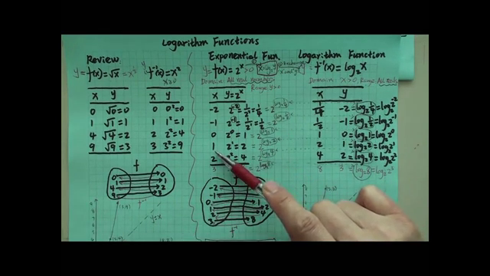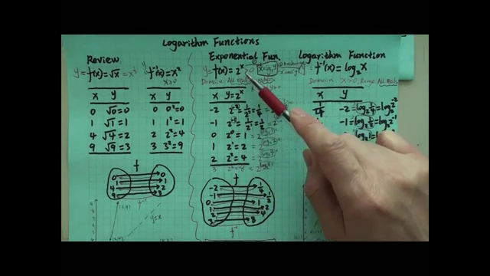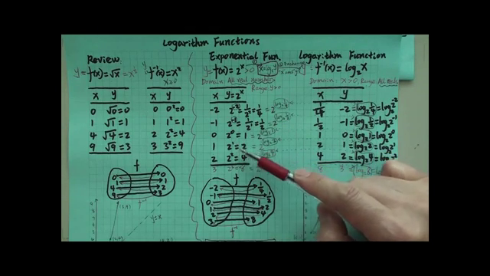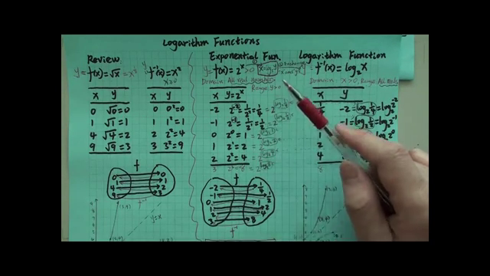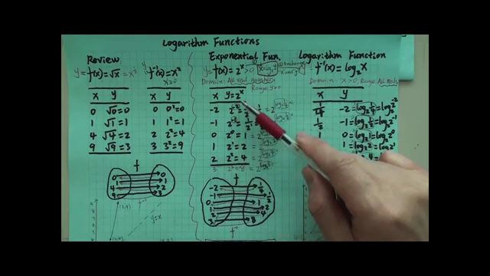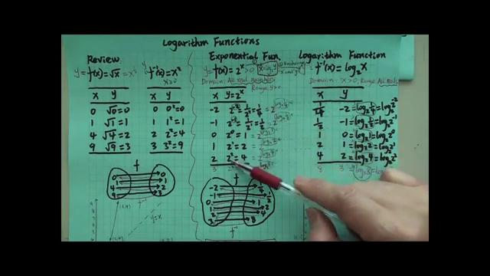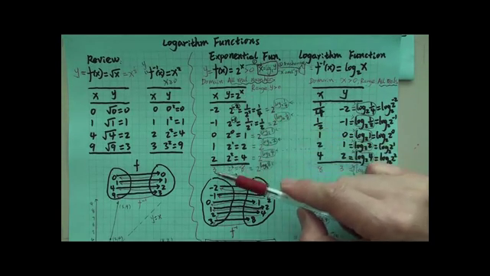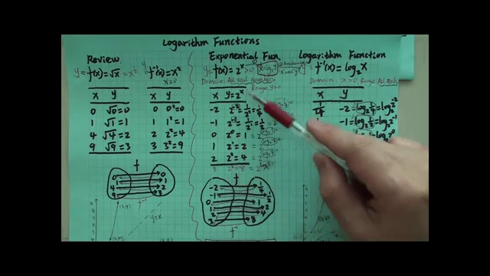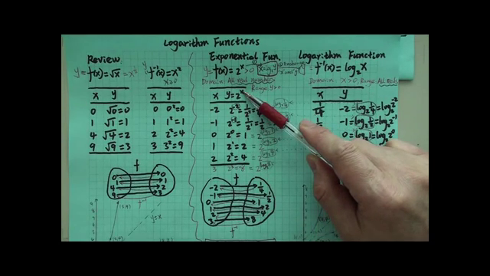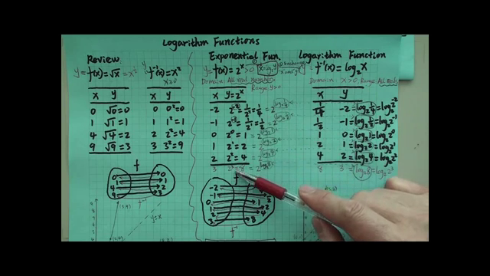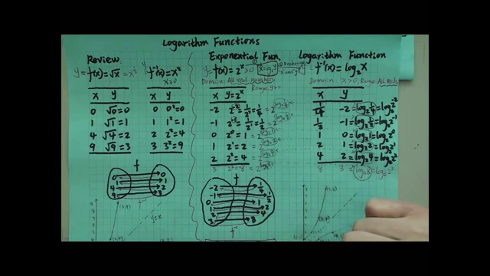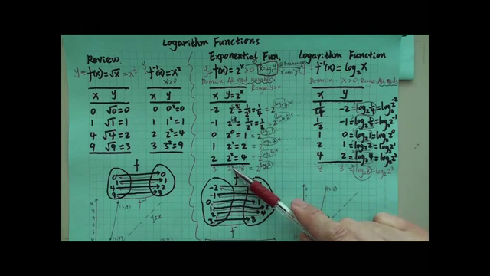Now, if x is 1, you input here 2 to the 1, which is still 2. And then you input 2 here. 2 squared is 4. If you put 3 here, 2 to the third is 8. It's because 2 times 2 times 2 is 8, which is not 2 times 3, which would give you 6.